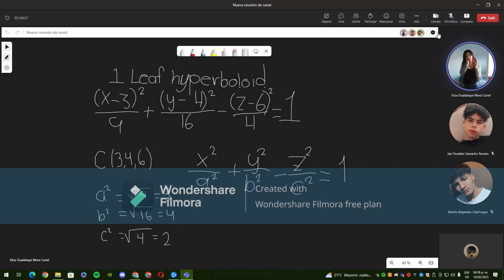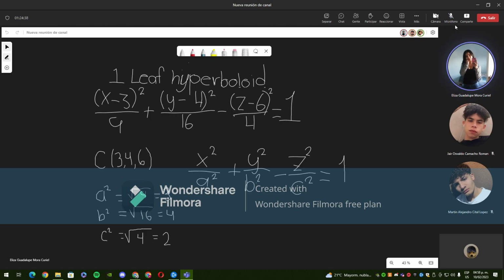Team number 4, and we are presenting quadratic surfaces, geometric objects in 3 dimensions, and their curves. As you can see, we have the exercise my partner Juan Pablo Bailon was solving.